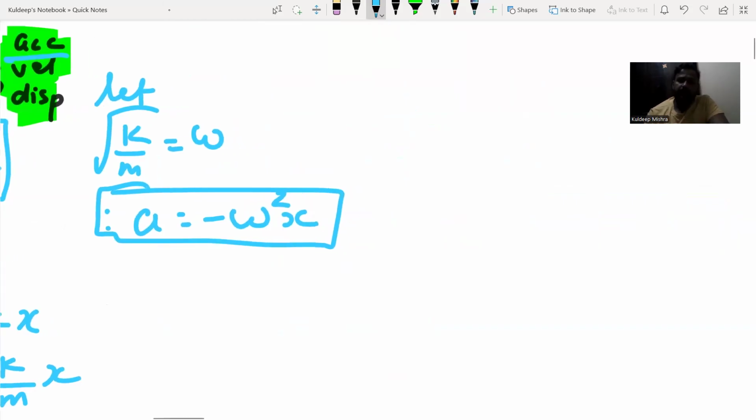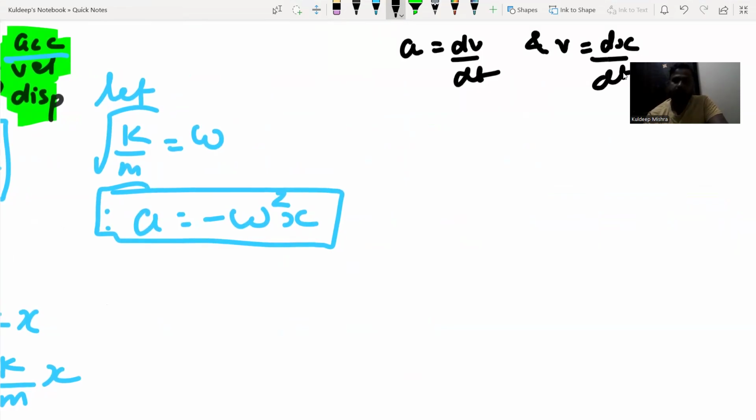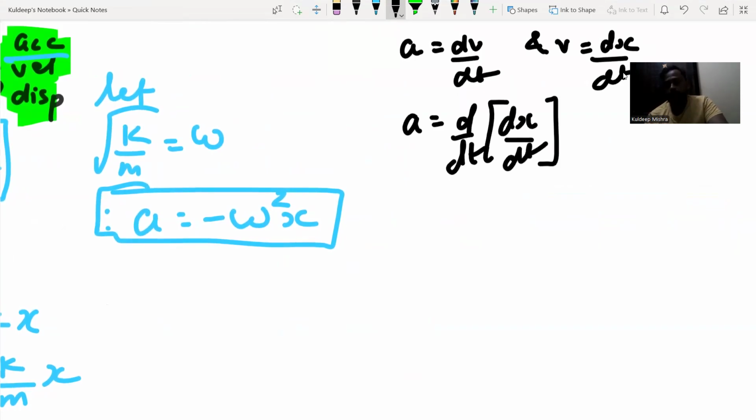So we know that acceleration is the derivative of velocity with respect to time, and velocity is the derivative of displacement with respect to time. So acceleration is the double derivative of displacement with respect to time. Therefore acceleration is d square x over dt square.